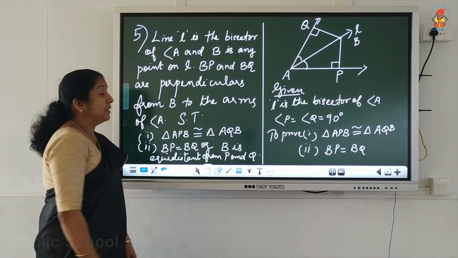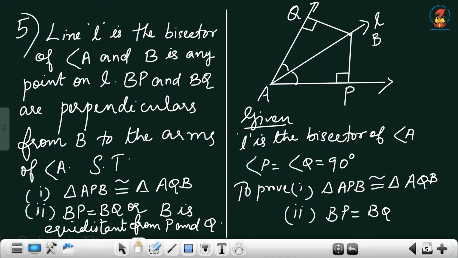Then the fifth question, line L is the bisector of angle A and B is any point on L. BP and BQ are perpendiculars from B to the arms of angle A. Show that triangle APB is congruent to triangle AQB and BP is equal to BQ, or B is equidistant from P and Q. So first we have to write given.